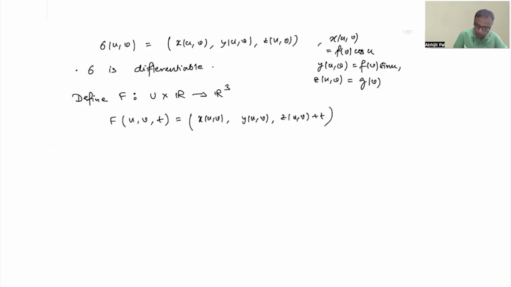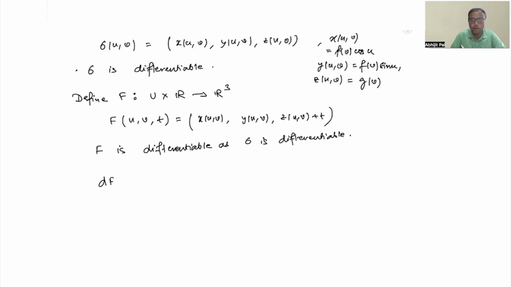So this function F is differentiable as sigma is differentiable.